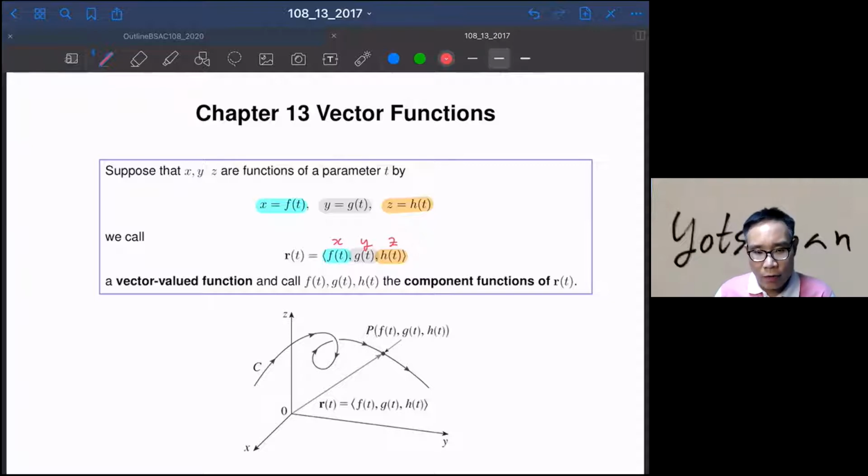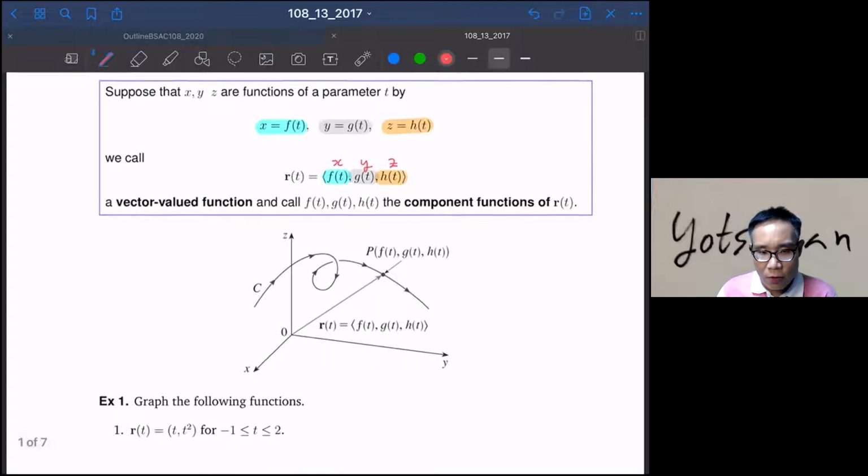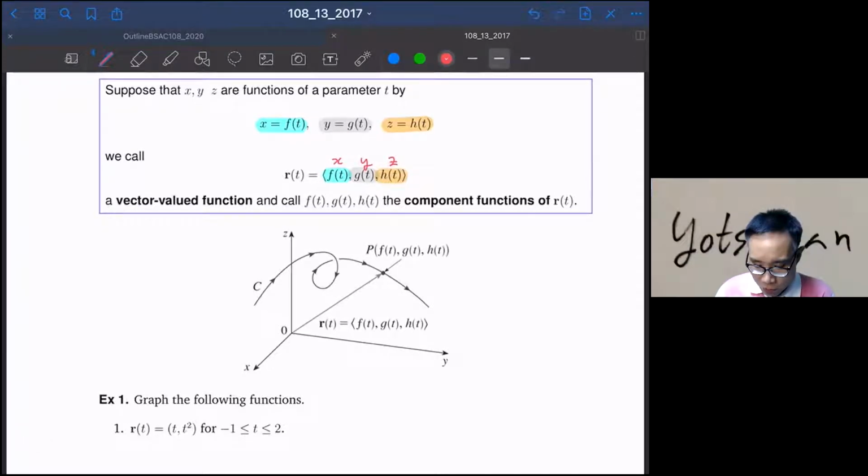So r(t) means that at t equal to t, you get the position, the point P that we use here. So this gives you the position or point in three-dimensional space at the time t.